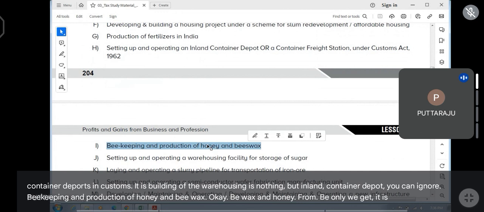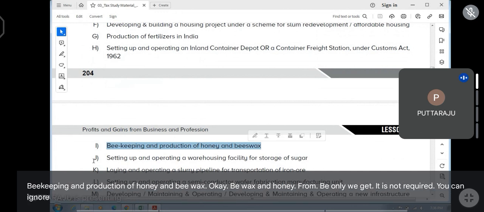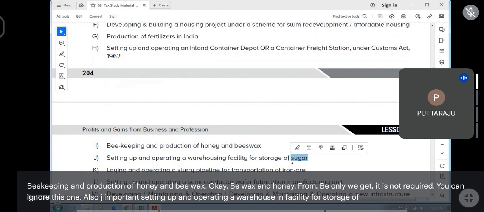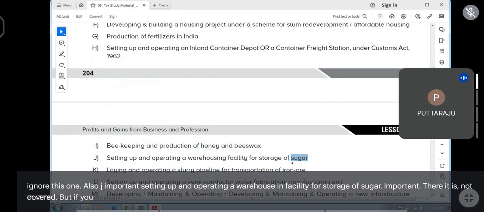It is not required, you can ignore this one also. J, important. Setting up and operating a warehousing facility for storage of sugar. There it is not covered, but if you are doing it for sugar, it is covered under J.